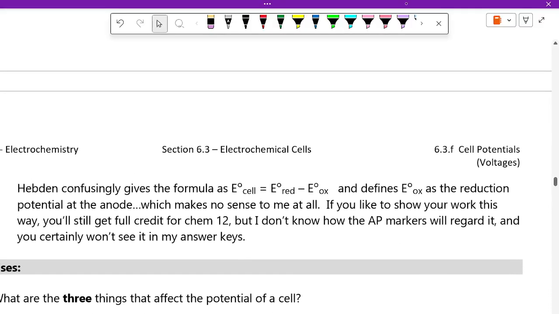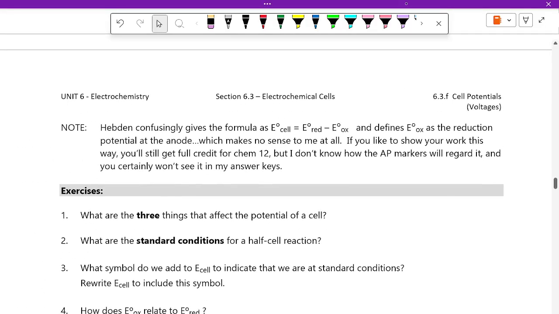And that just makes me want to cry. So I would ignore Hebden. If you happen to be using Hebden as an extra study source, just ignore its calculation of E naught cell, because how can you say it's an oxidation potential if it's a reduction potential? It just makes no sense. Yes? Okay. I love Hebden, but that's the one thing I don't like.